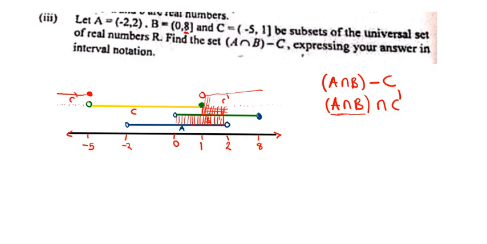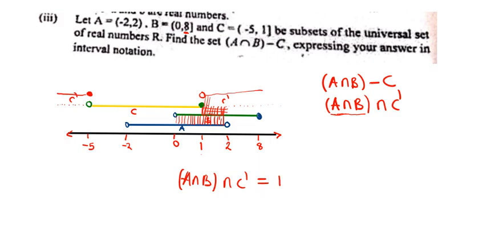So definitely the answer here is A intersection B intersection C complement. Of course it's 1 and 2, the boundary is 1 and 2, but how do we include or exclude these numbers in terms of closed and open? Let me first start with 1.